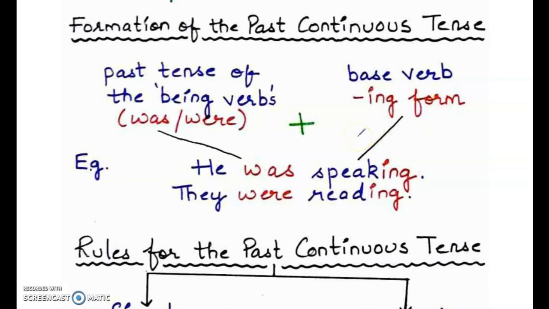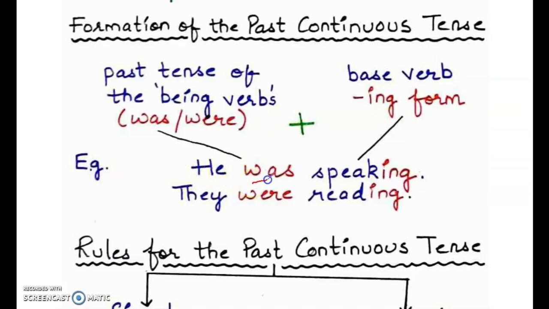So, we can see the past continuous tense is made up of two things. First, the past tense of being verbs, that is was and were, plus the ing form of the base verb. Let us see these examples.